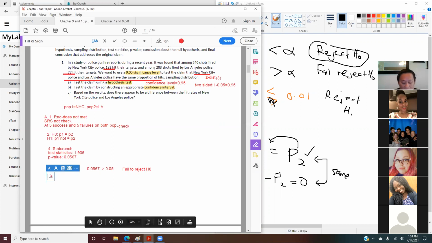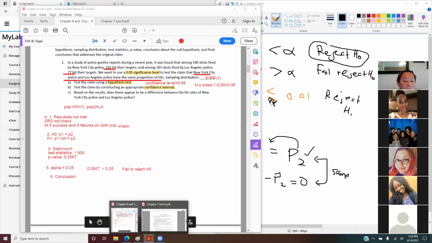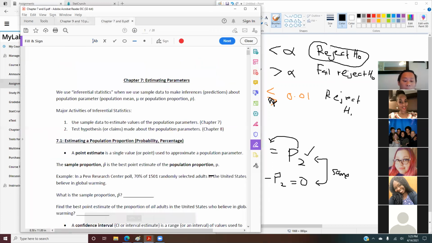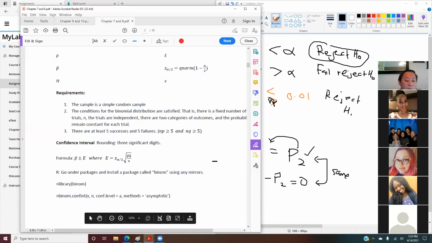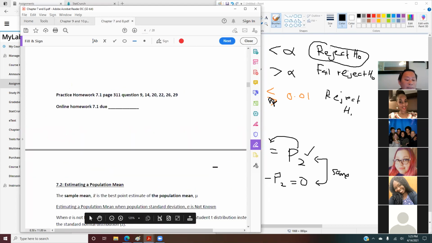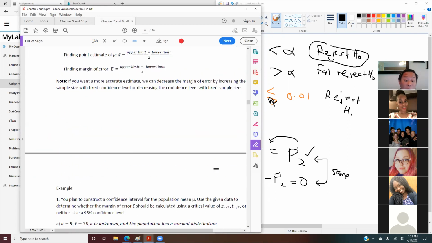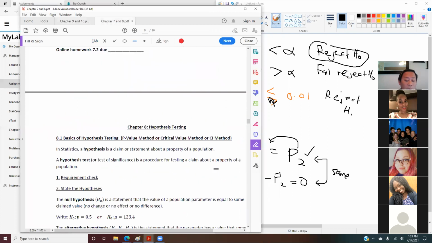Okay, and step 6, conclusion. So now the conclusion is based on the same table that we have.